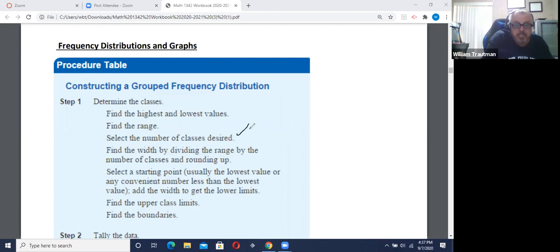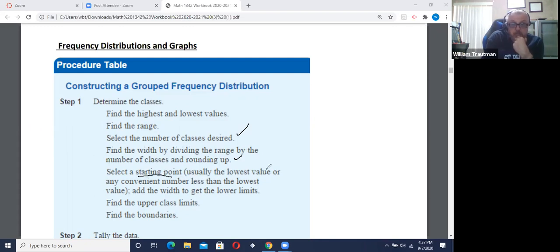Select the number of classes. That's usually given to us. Find the width by dividing the range by the number of classes and round up. Okay, so we're going to look at this here in a second. We'll look at that in a little bit. Select the starting point. The lowest value of n is our starting point.